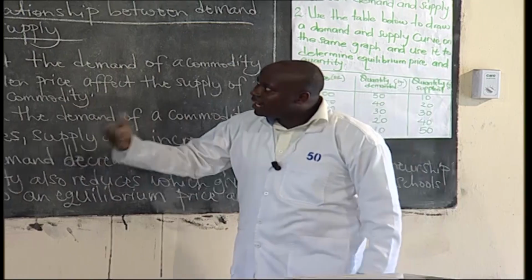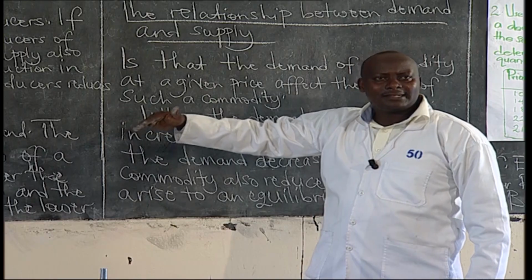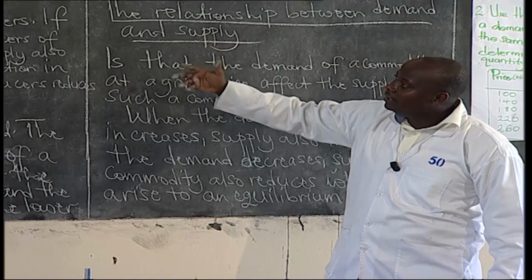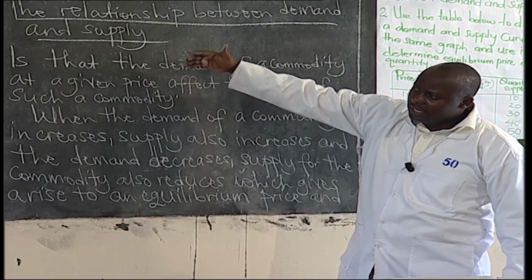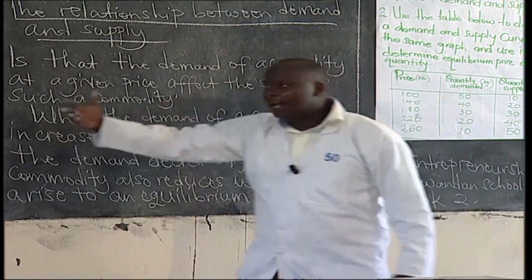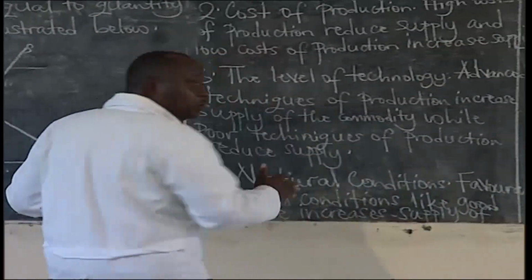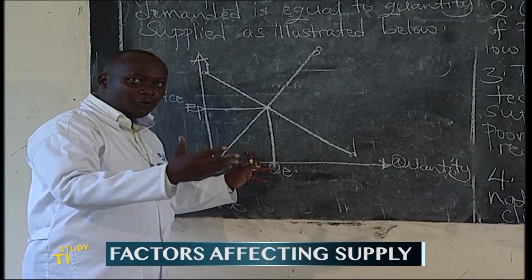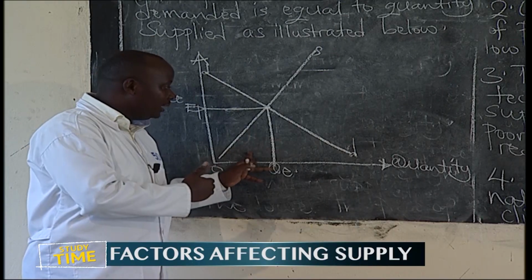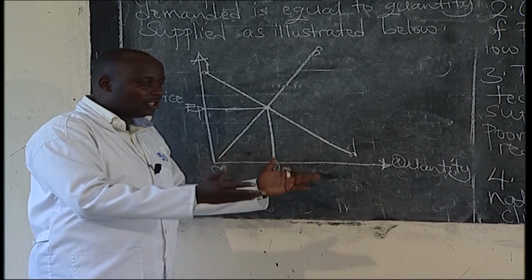And you can add other points about the factors that can affect supply, and be able to know the difference between equilibrium quantity and equilibrium price. So that if you are asked the question, differentiate between equilibrium quantity and equilibrium price, you can differentiate between those.